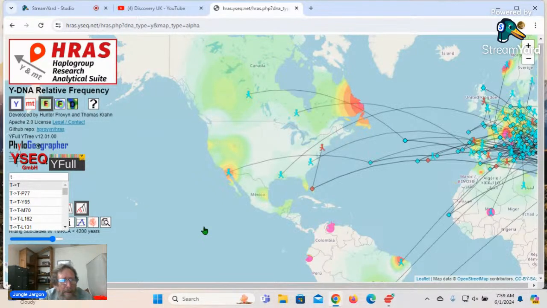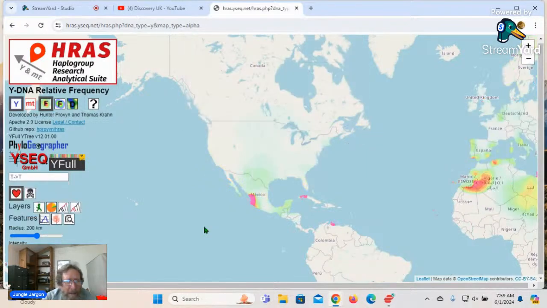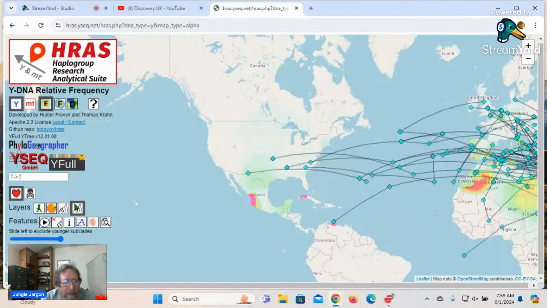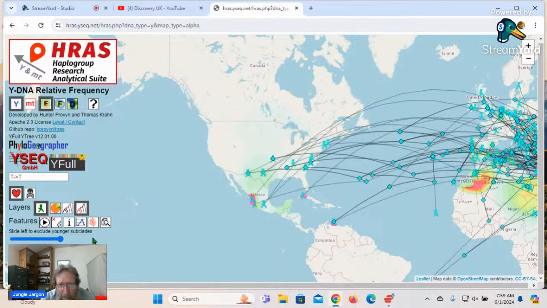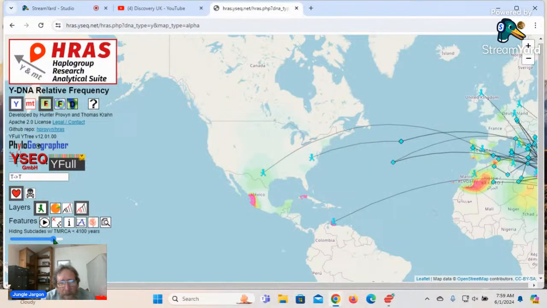So this T might not be as old as the G, but they still have lineages that are in America, going back maybe 5,000 years ago, according to their ages, which is more like 2,500.